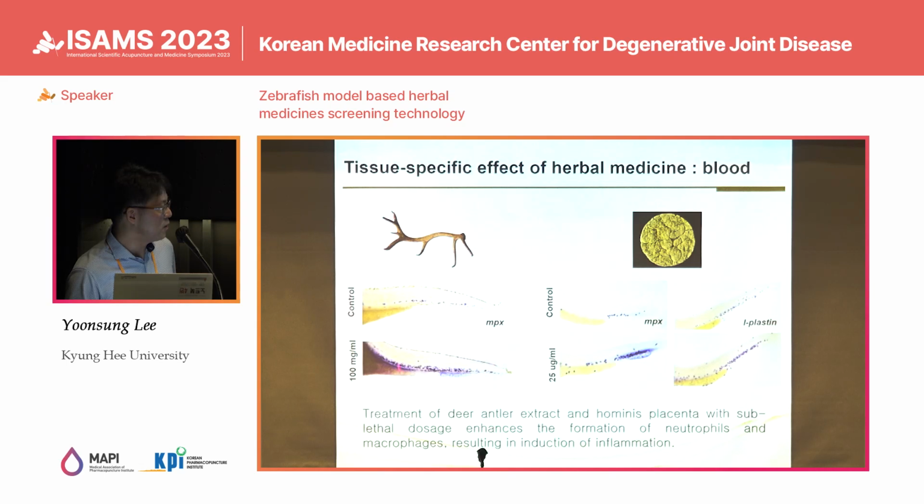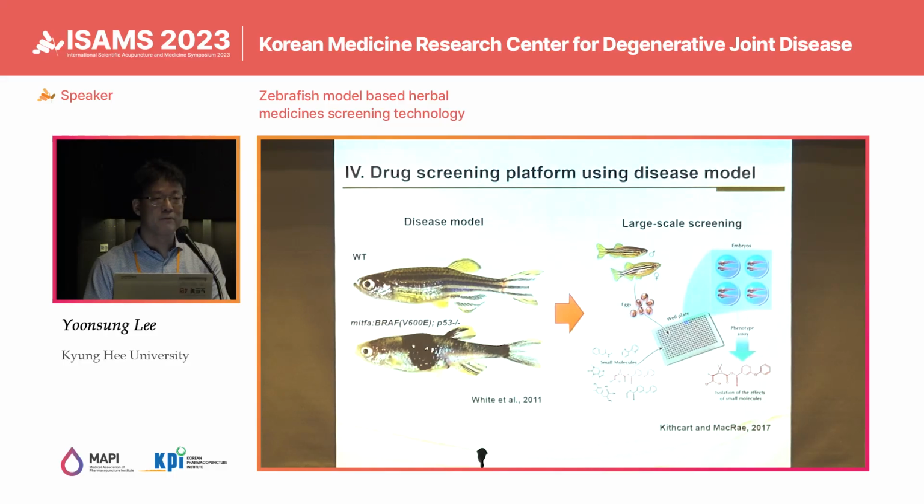And not only the blood formation phenotype itself, the increase of these neutrophils means inflammation is also induced. So this tissue-specific effect can be monitored using zebrafish, including blood and bone. Those are examples of using this model system for toxicity trials.